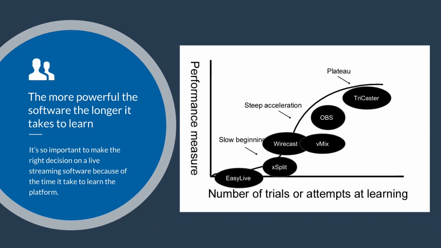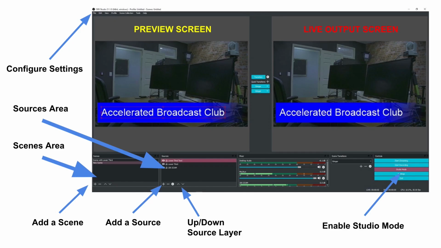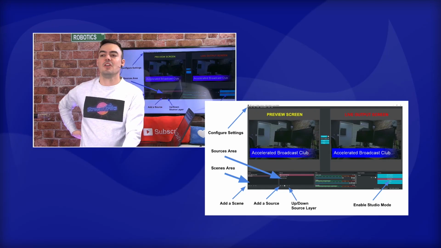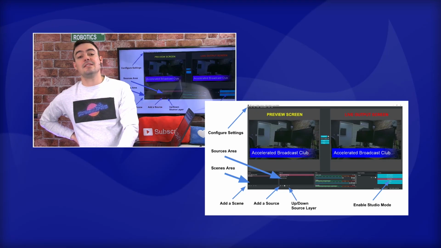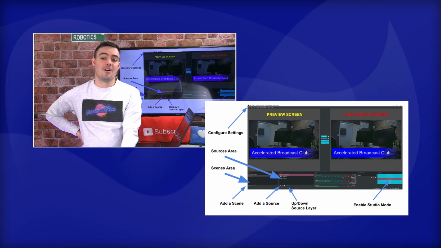So you've got to think about this. Are you going to want the ability to have multiple channels of overlay? Are you going to want the ability to stream to multiple destinations at the same time? Are you going to want Facebook and YouTube social media integration? These are things that come with the Wirecasts and the vMixes that aren't in OBS. Now, I will say that if you decide to go with OBS, it's not a bad software to get started on.